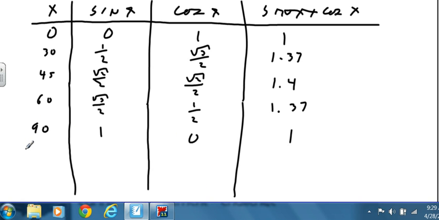And the next guy's 120. So at 120 degrees, I'm at a half, I'm at minus square root of 3 over 2. Or is it the other way around? It's the other way around.